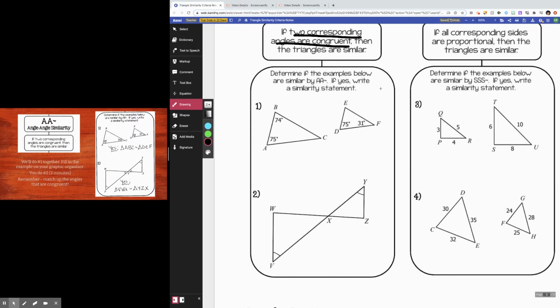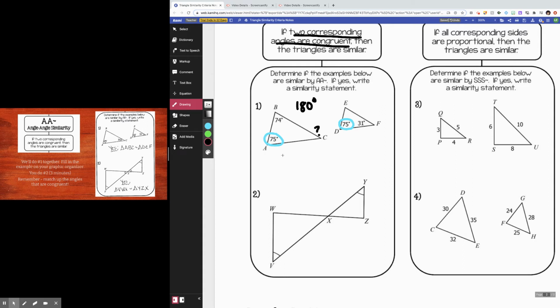Okay, so here in number one, we actually have numbers that we're dealing with here. So I can see one set of angles that are congruent, right? So I have one set, but I need another. Obviously, the 74 and the 31 are not congruent, but I know that all angles in a triangle have to add up to 180. So I can see if this missing angle right here is 31.